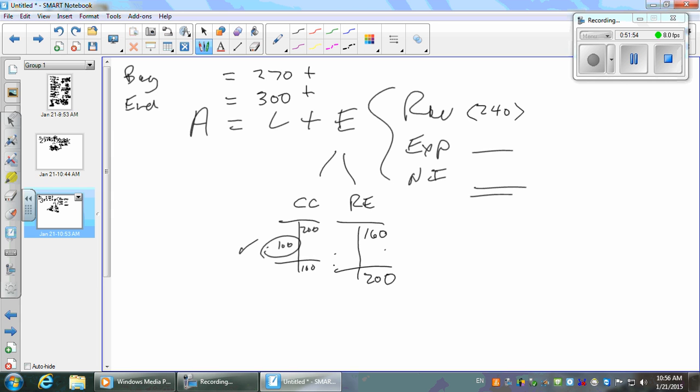And we don't know anything else. Beginning equity is 200 plus 160, that's perfect. It's 360, right? And what's ending equity? You got that too. 100 plus 200 is 300.